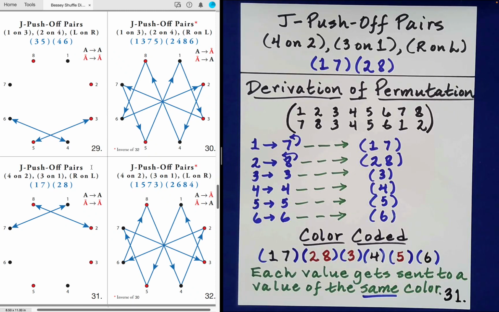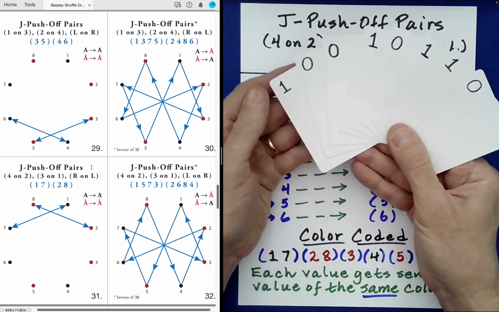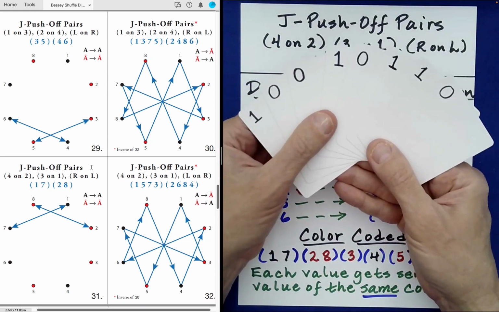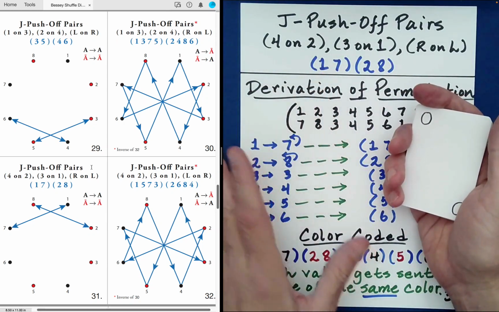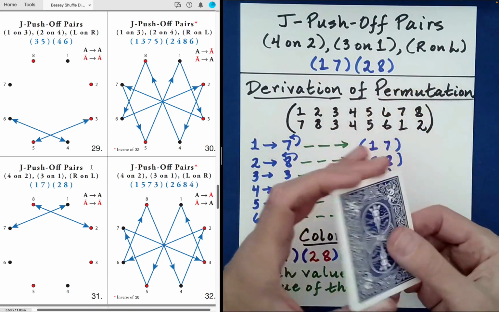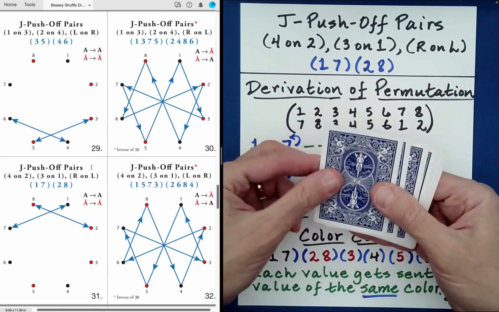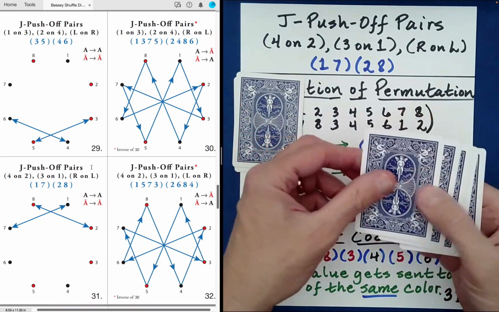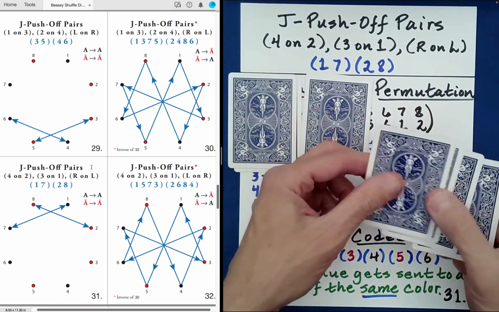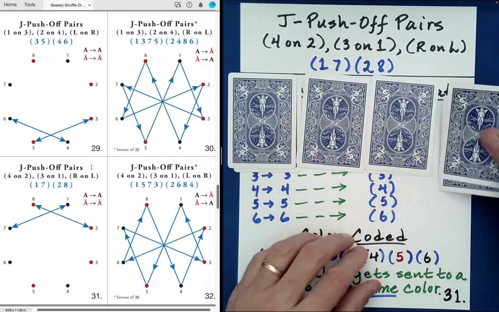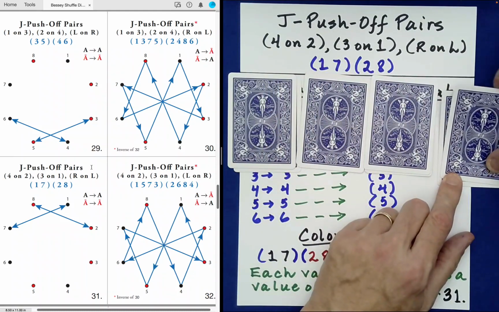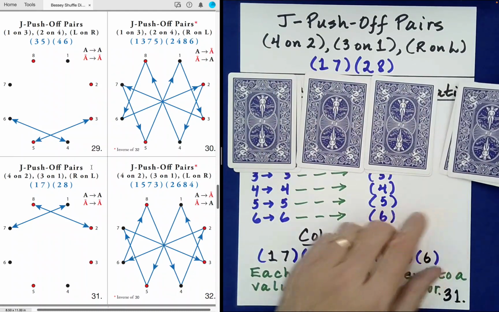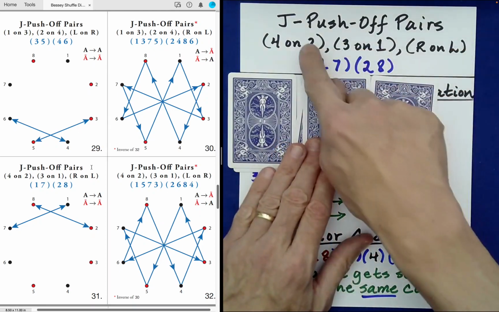So what that means then is if we start with our quintessential Bessey sequence of 1, 0, 0, 1, 0, 1, 1, 0, and perform this shuffle, we should get that sequence form back. So why don't we go ahead and perform it again. So I'm just pushing off the top 2, setting those down, pushing off the top 2, next 2, and the bottom 2. The stacking, as we see here, so we're picking up the 4th pile first, it's leaping over the 3rd and landing on the 2nd.